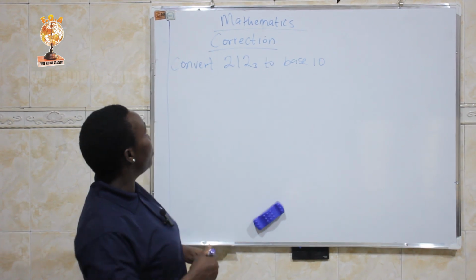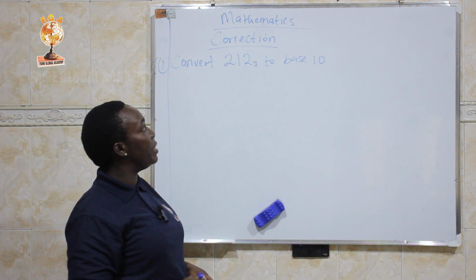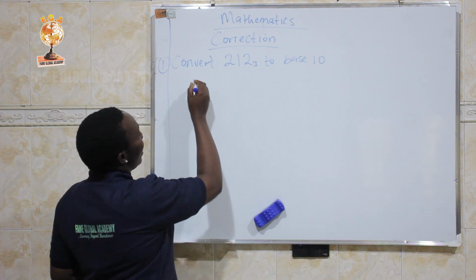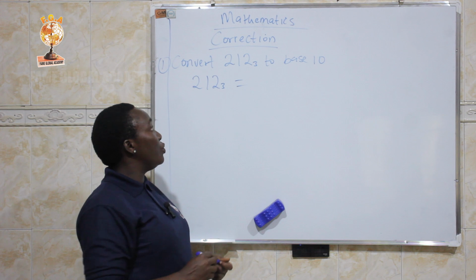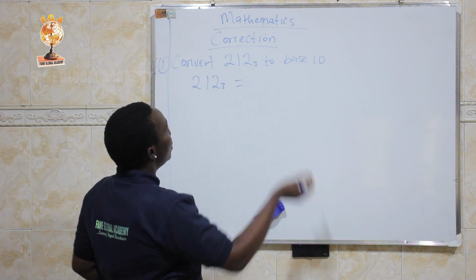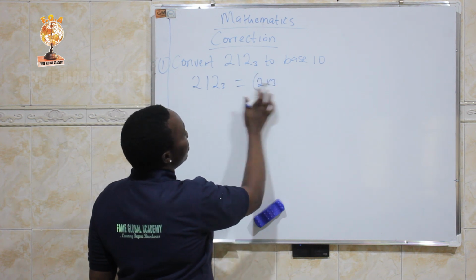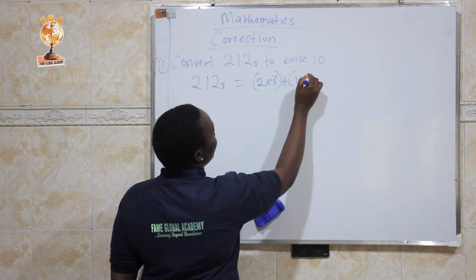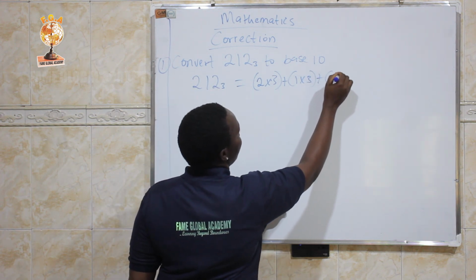So question number 1 was convert 212 base 3 to base 10. We do this conversion using the expansion method. So 212 base 3 is equal to, what you do is multiply each of the numbers by the base, one after the other: 2 times 3, plus 1 times 3, then the last 2 times 3.